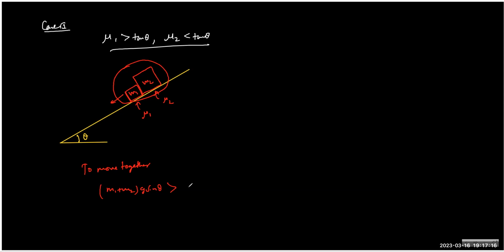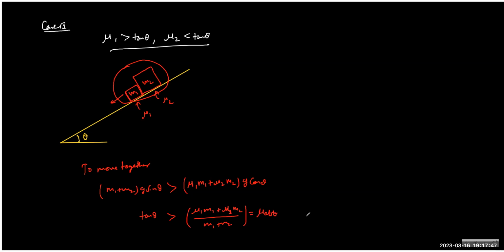Tell me, guys. mu1 M1 g cos theta plus mu2 M2 g cos theta. Correct? And what a coincidence, something really nice, beautiful. mu1 M1, mu2 M2, the weighted average of tan theta. And this we can call mu effective for the system, isn't it?